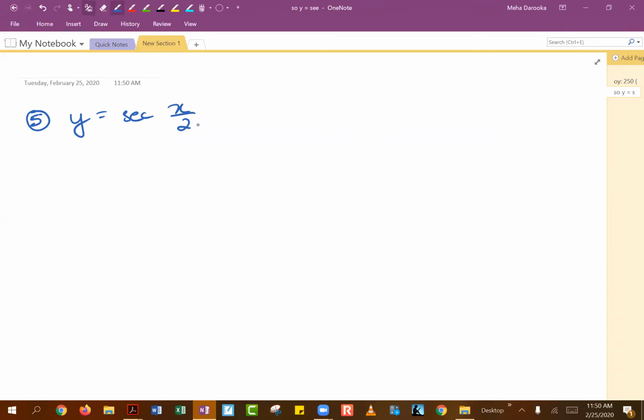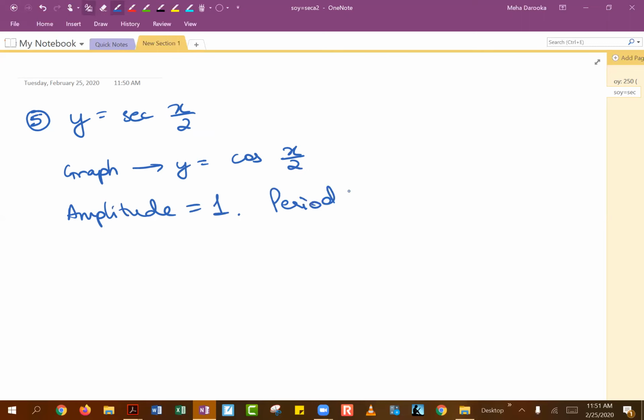Okay, so y equals secant of x over 2. So what's our amplitude here? Amplitude is 1. Very good. We are going to be graphing cosine of x over 2. Period is going to be what?